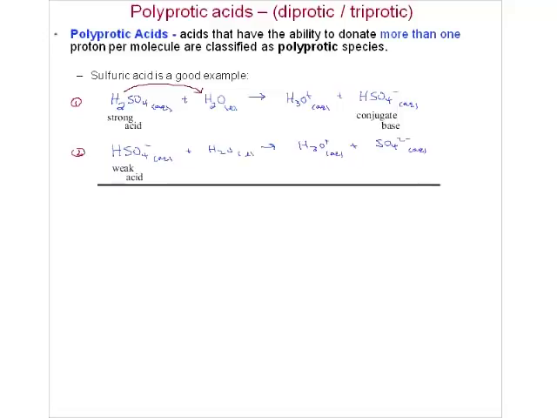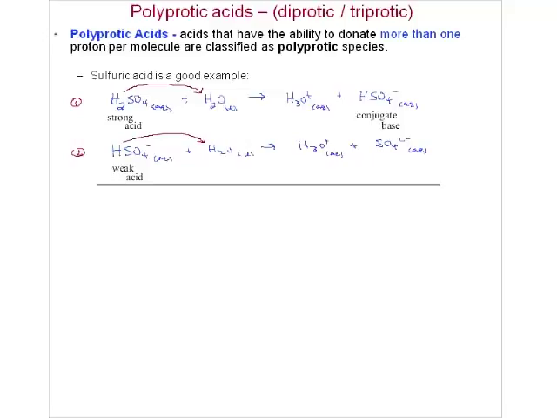So as we continue to add sodium hydroxide in our titration, that next hydrogen is going to come off, but that HSO4 minus is now a weak acid, which means we're getting the hydrogen removed at two distinct pHs. This first one is going to come off real early because this is a strong acid. This one here is going to come off much later because it's a weaker acid. And what we end up seeing is two distinct steps for the removal of these two hydrogens. Okay? So in this case over here, this is acting as the conjugate base as well.